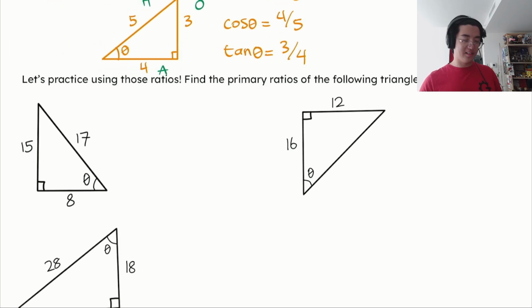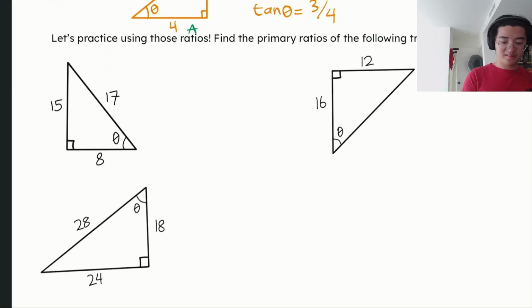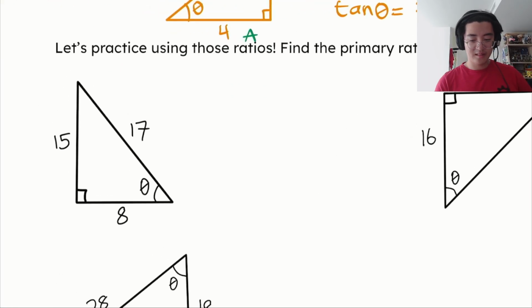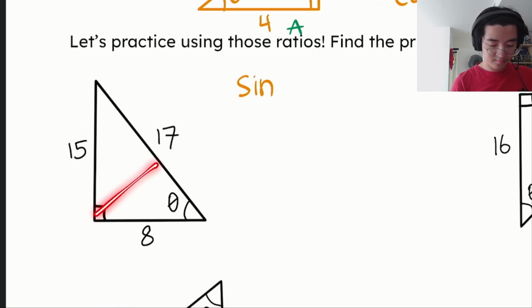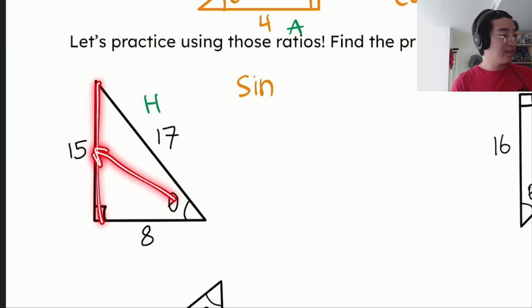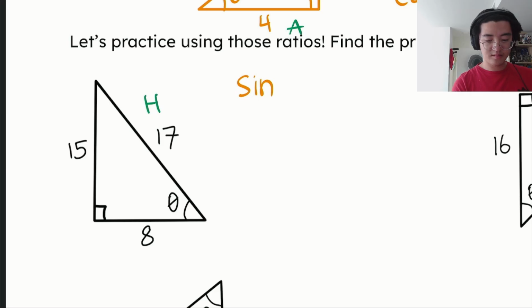Okay, let's do some more practice. This is very important. Before we begin, we always find the side names: opposite to the right angle, across from the theta angle, and adjacent.